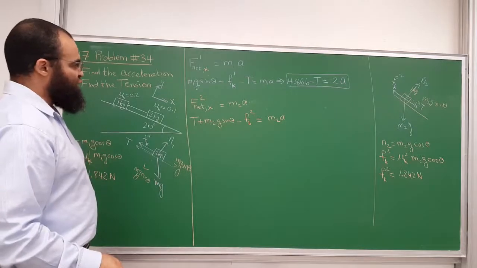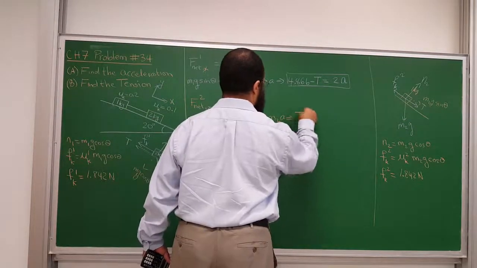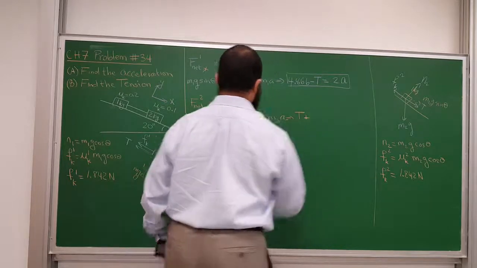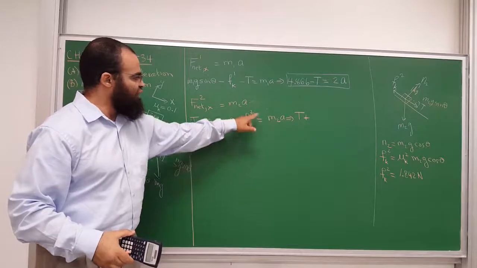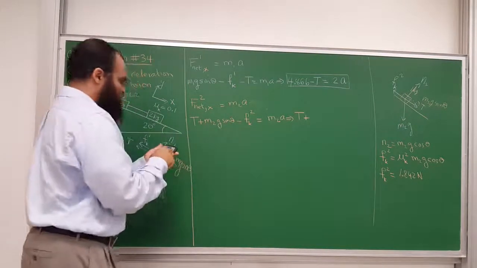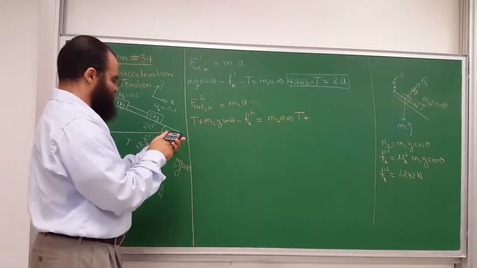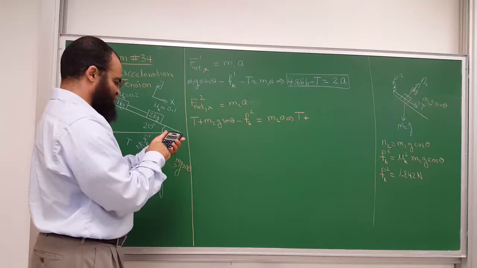I still don't know the tension, so I get tension plus m2g sine theta. Now I have to plug in the numbers for this one and subtract Fk2, which is 1.84. So let me do that in one step. m2 is 1 kilogram times g is 9.8 times the sine of 20 degrees.